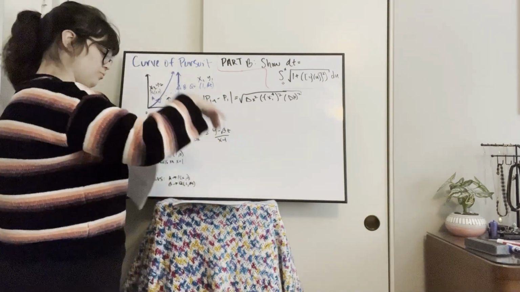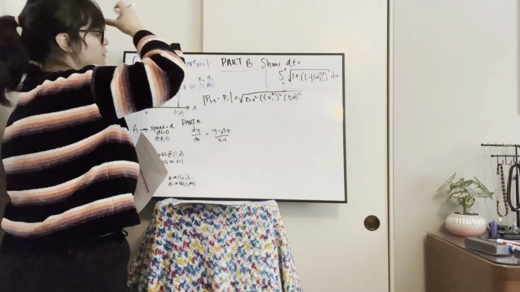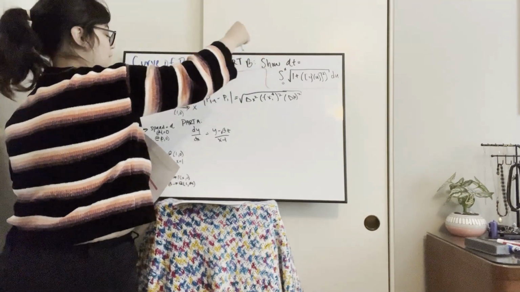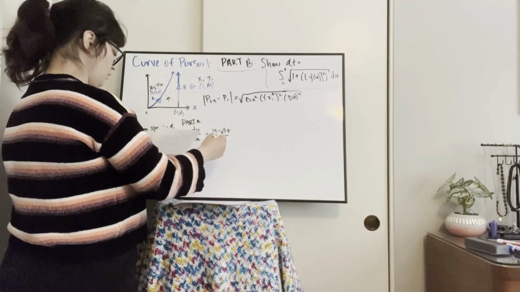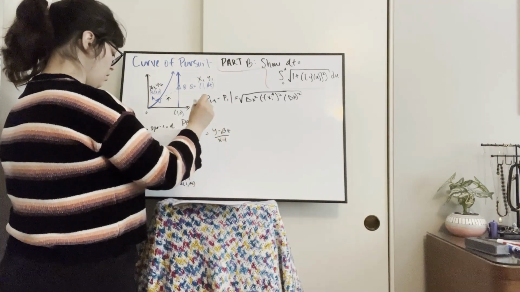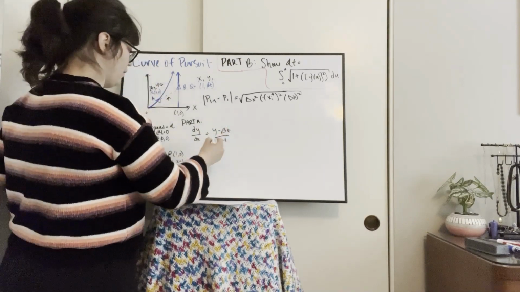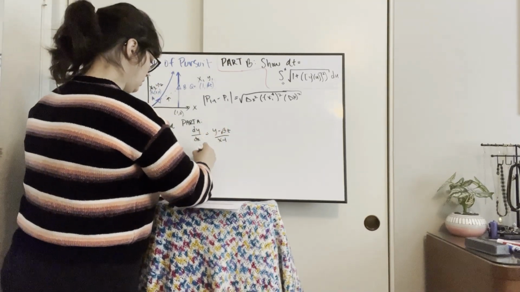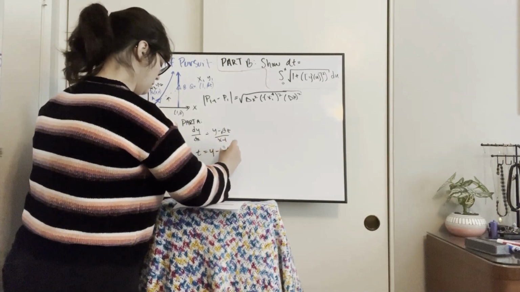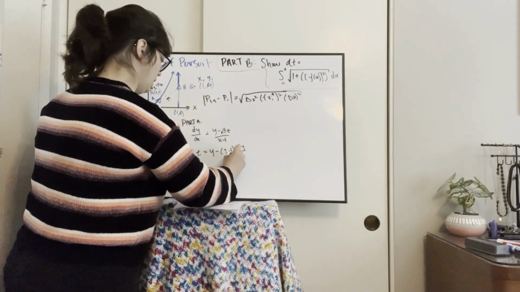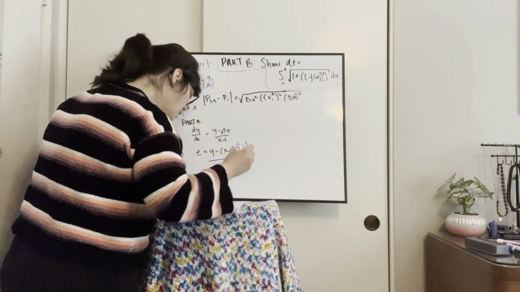I need alpha on the left hand side, so I'm going to rewrite this with t. So this is going to be t equals y minus x minus 1 times dy/dx all over beta.